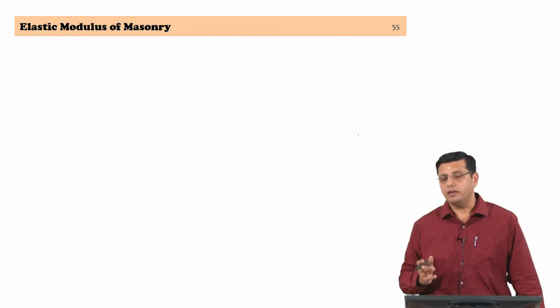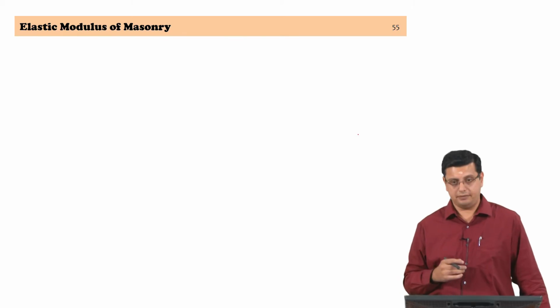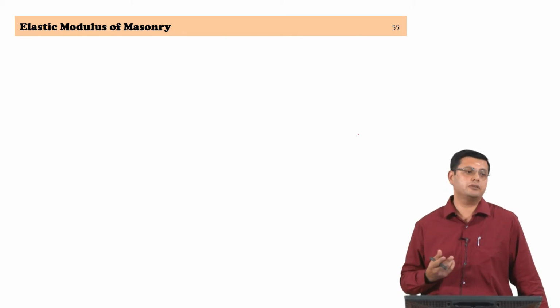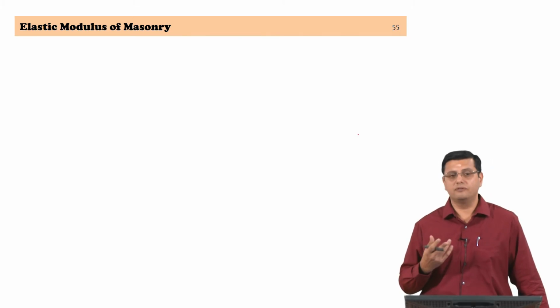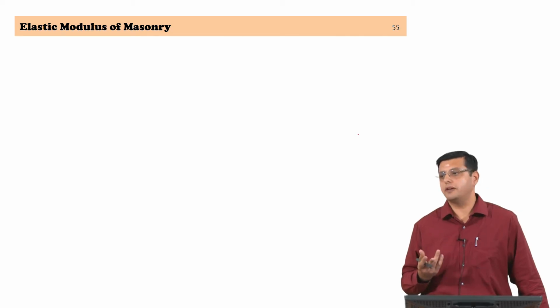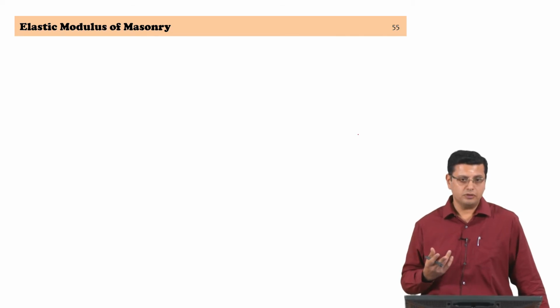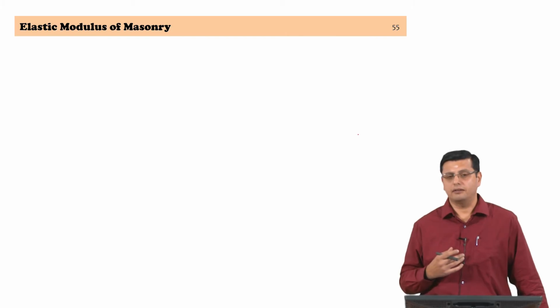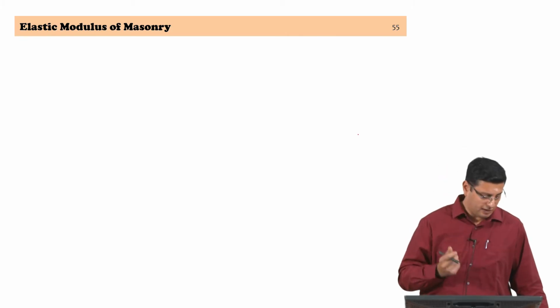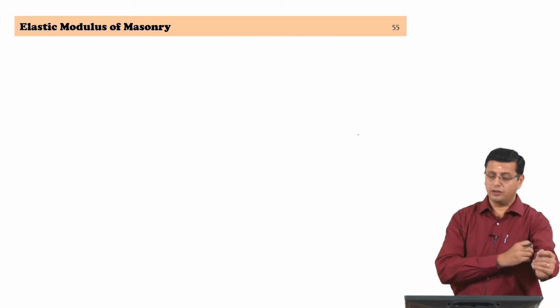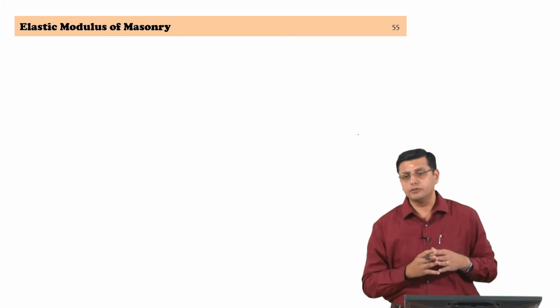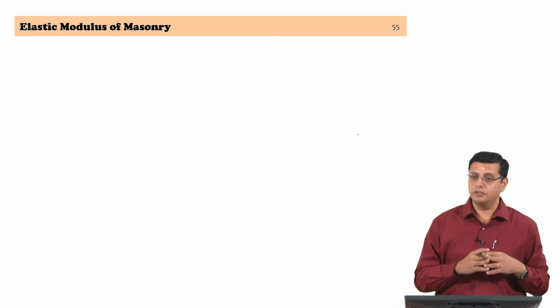So, well, if you do not have the luxury of doing a test, but you still need to make an estimate of the deflections, you need to do a deflection check. What is the modulus of elasticity that you can assume? You do not have a direct estimate, a closed form solution that comes from knowing the strengths of the constituents.